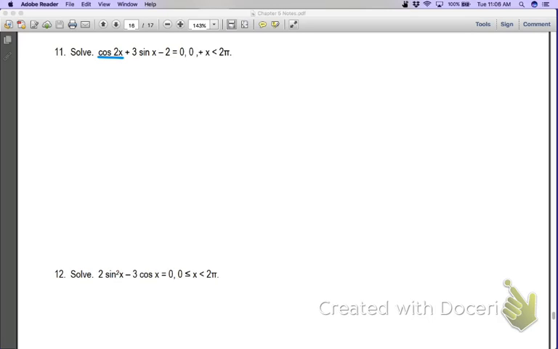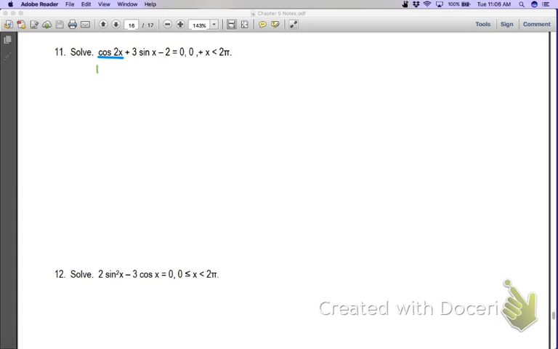That doesn't really do me any good because it still has a cosine in there. Same way if I have 2 cosine squared of x minus 1, I still have a cosine, which is not what I want. I want to turn this into where I only am dealing with sine values. So I'm going to use the third double angle formula, or identity, whatever you want to call it.